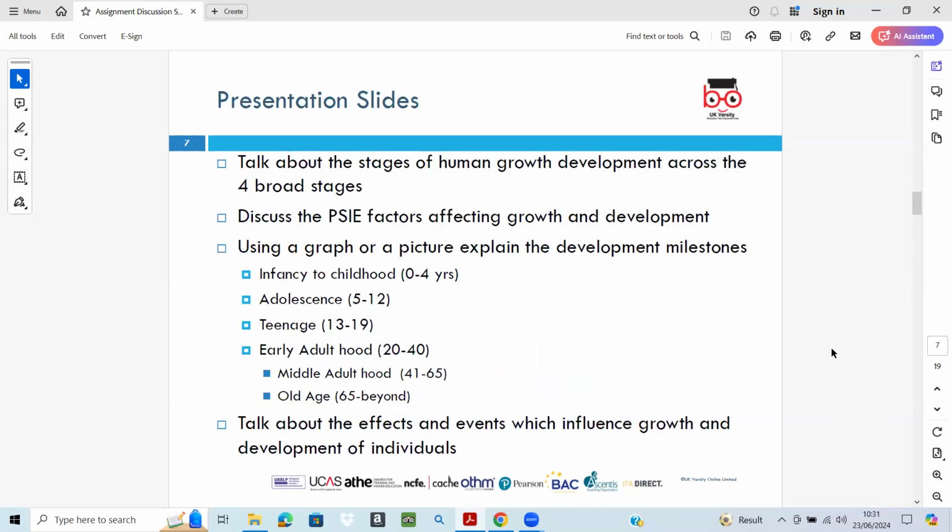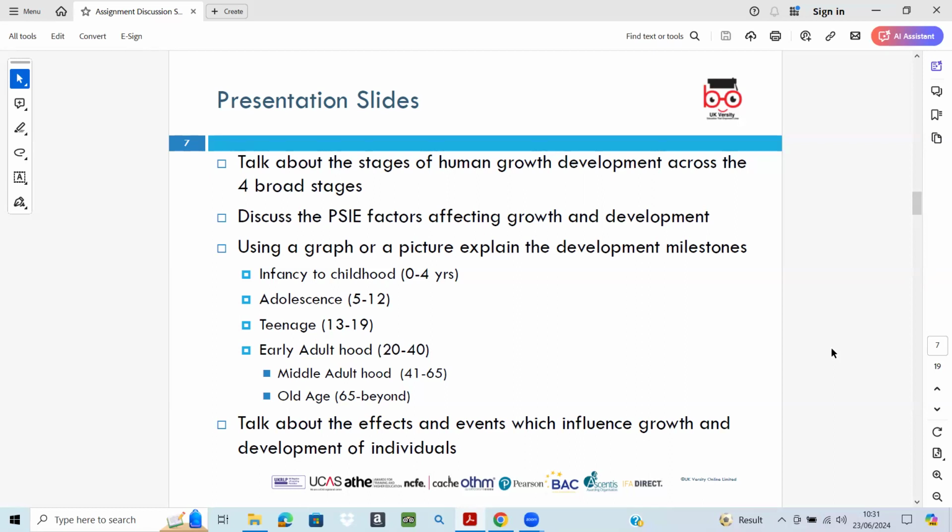Okay, so here we have to discuss the presentation slides. So we have a suggested outline that will cover the specified topics in a structured manner.